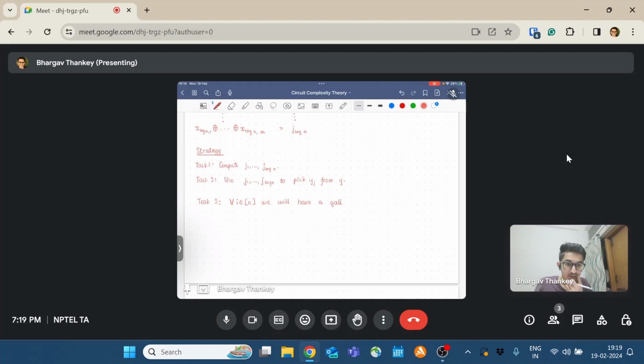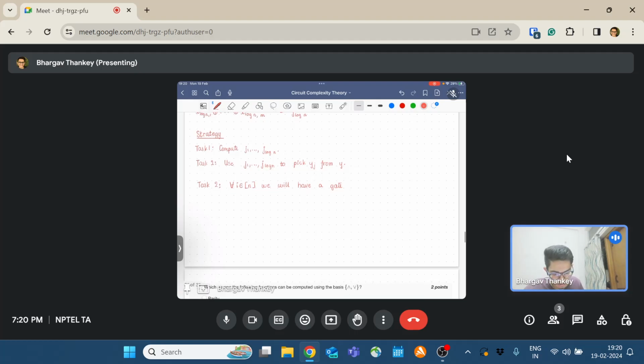Okay, a multiplexer circuit does basically this: you have n many things, and you want to pick one of them using a string of size log n. So what we have to do is construct exactly the multiplexer circuit. It's fine if you don't remember it, I'll show the construction. So for all i in n, we will have a gate gi.